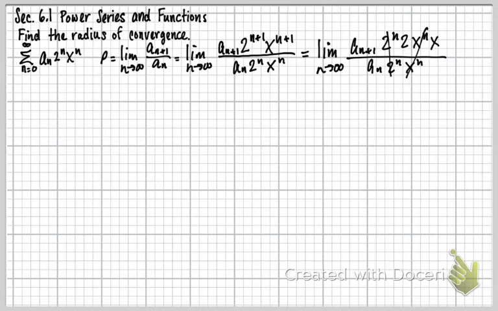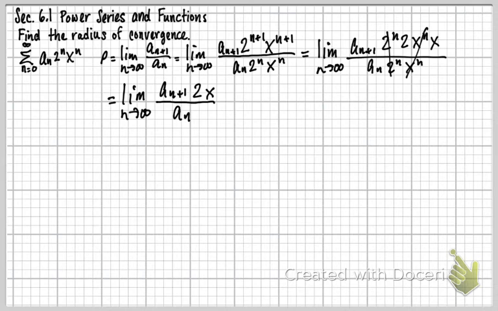So now this is what we end up with. So then that's going to result in the limit as n goes to infinity of a sub n plus 1, and it looks like we have a 2x on top. And then on the bottom, we're going to have an a sub n on the bottom.